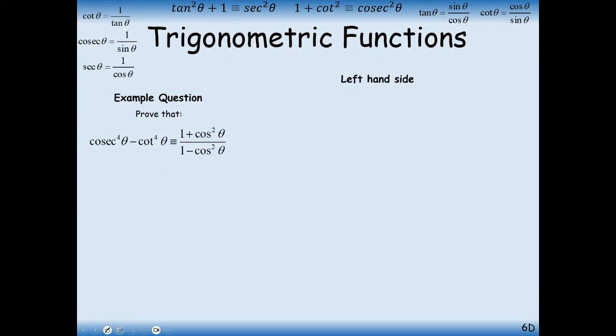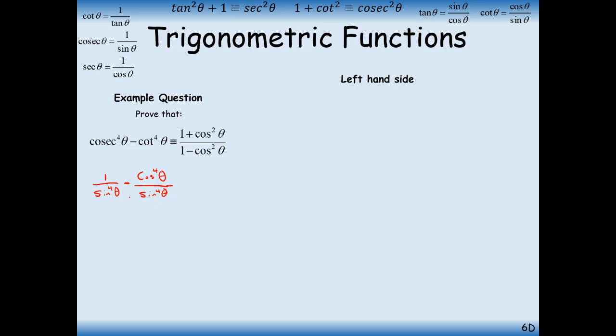Well, I would start from the left-hand side expression and write it as 1 over sine to the power of 4 subtracted by cos to the power of 4 over sine to the power of 4 theta, because that's the definition for cotangent, cos over sine. So powers of 4 will be distributed on the top and the bottom.